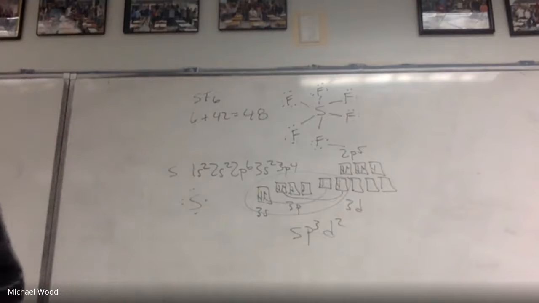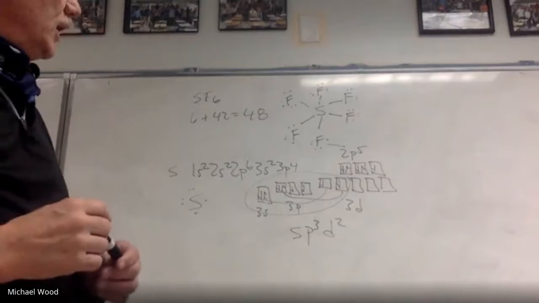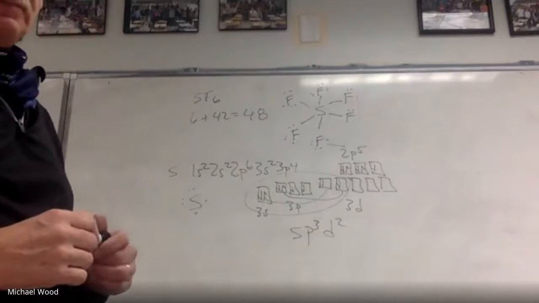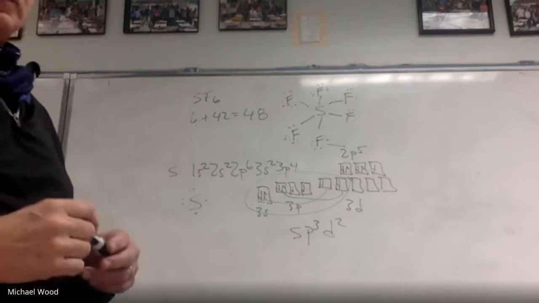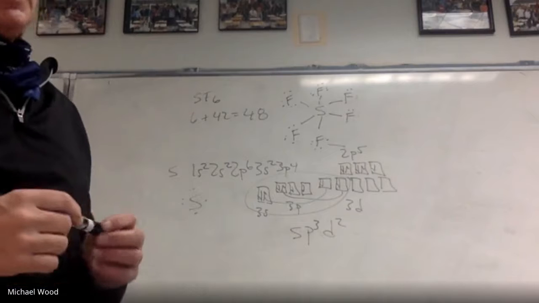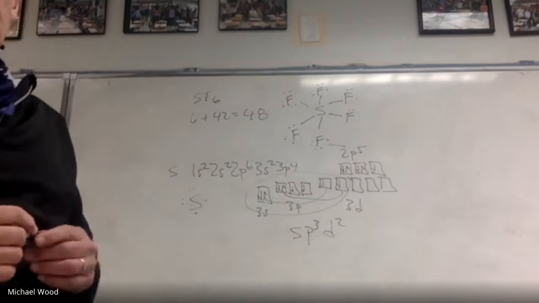So the hybridization here for 6 electron domains is sp3d2. And again, to me, this whole concept of hybridization is what we are doing here is we are explaining the dots.